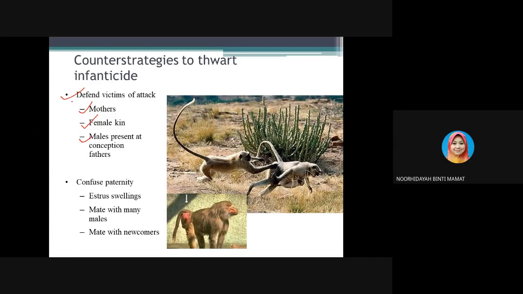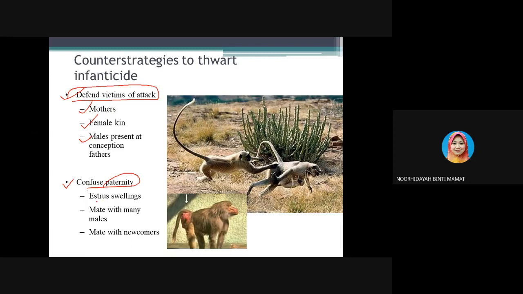So defending victims of attacks is the first strategy to thwart infanticide. And the second strategy is to confuse paternity, because the female knows that the male won't kill his own child.